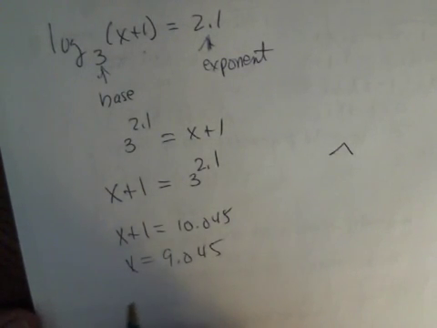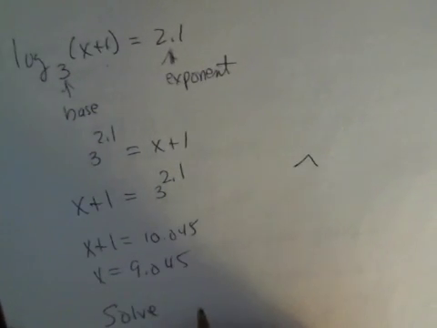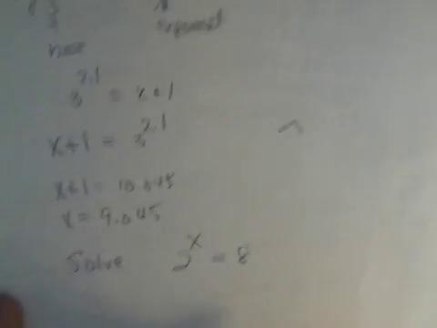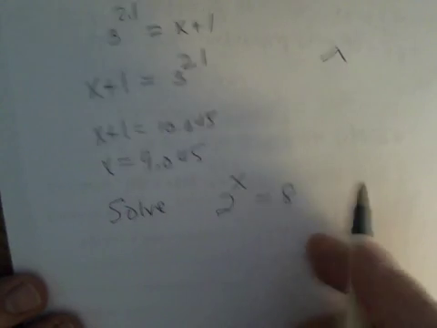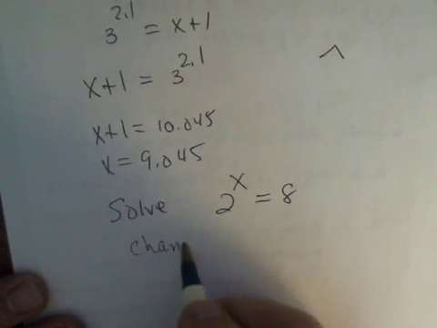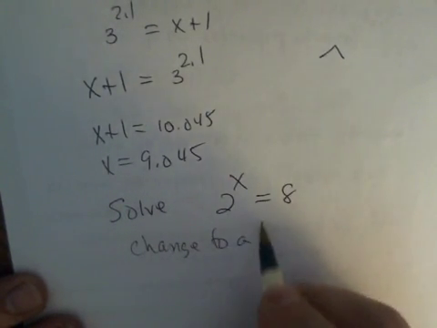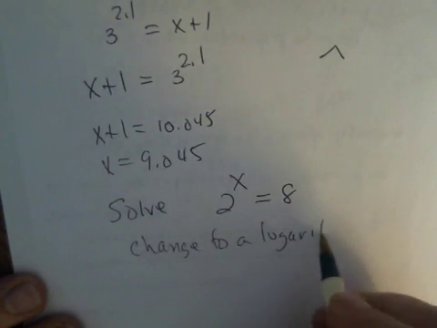So if I want to solve this time an exponential equation, let's say I wanted to solve 2 to the x power is 8. Well, we know it's 3. Hopefully you remember, because we've done this twice already. But I need to change to a logarithm.